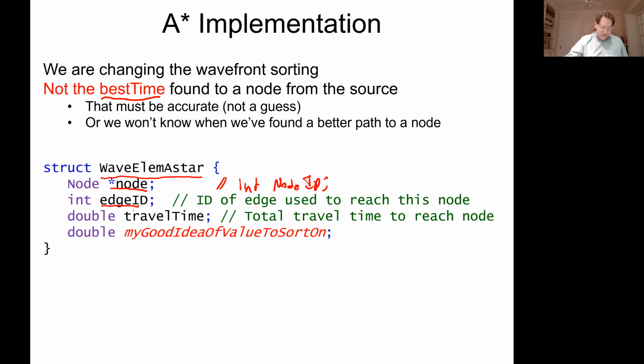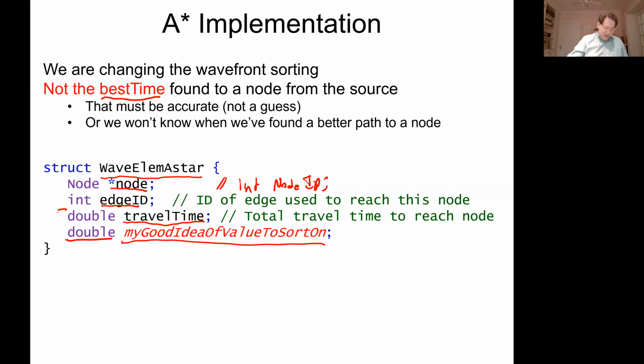We have an edge ID of how we got there, so we had that before. We have a travel time, which is the known time to get here. And I know that for sure. That's all the time I've had so far in all my predecessors to get here. And then we're going to have another member variable that is, what am I going to sort on?